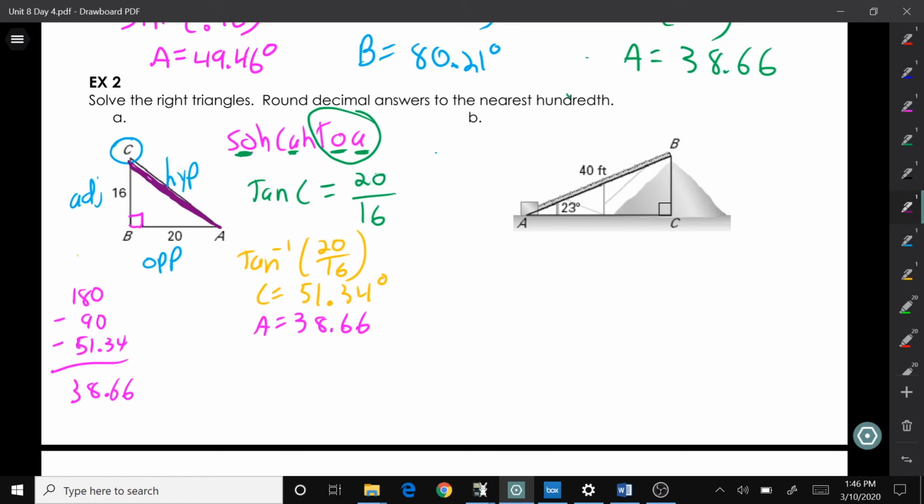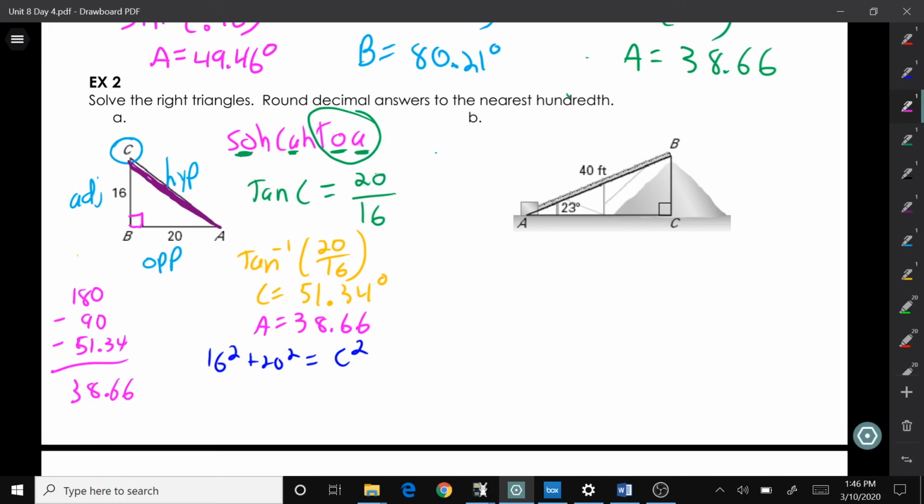I'm going to use Pythagorean theorem: 16 squared plus 20 squared equals c squared. The reason I'm using Pythagorean theorem is because I hope this one is a Pythagorean triple. Let's find out. I think it is.